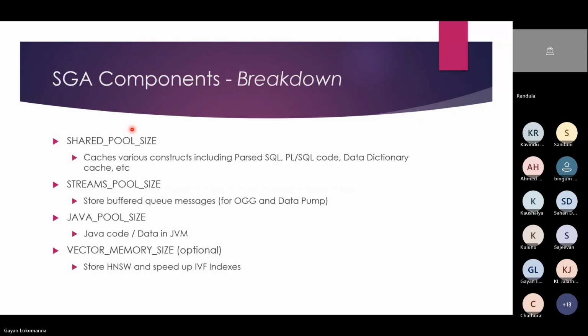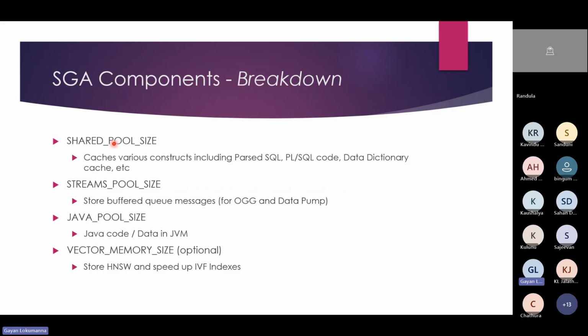Anyways, obviously, when you have data stored, in order to improve performance, you use something called indexes, right? So for vectorization, there are also indexes available. One of the vector indexes is HNSW.